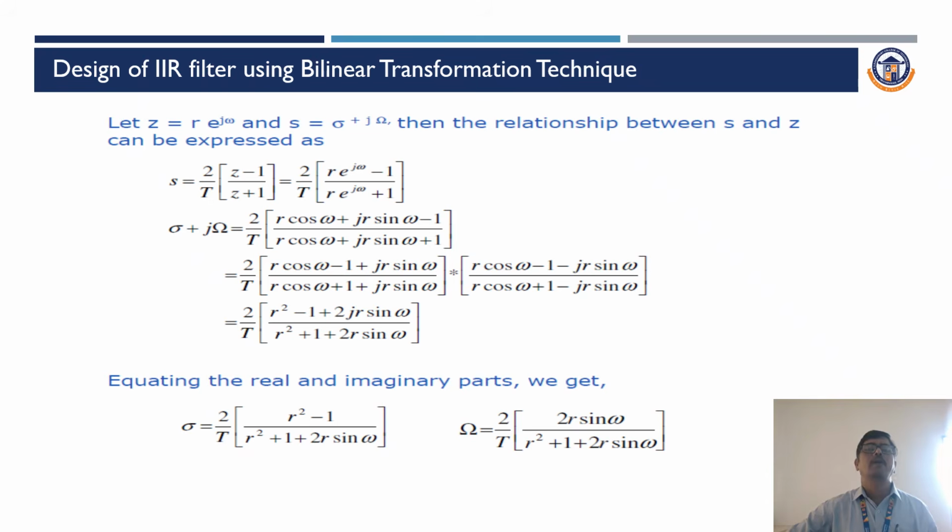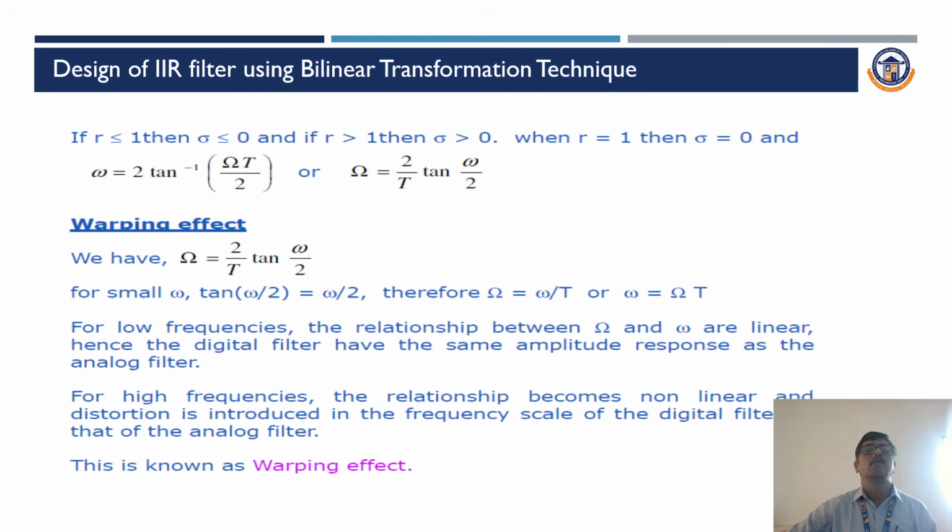Substituting z equal to r e power j omega and simplifying by complex multiplication of numerator and denominator, you get the real part, 2/T (r squared minus 1)/(r squared plus 1 plus 2r cos omega), and the imaginary part, 2/T (2r sin omega)/(r squared plus 1 plus 2r cos omega). Now apply the conditions: r less than 1 means sigma is less than 0; r greater than 1 means sigma is greater than 0; and r equal to 1 means sigma equal to 0.